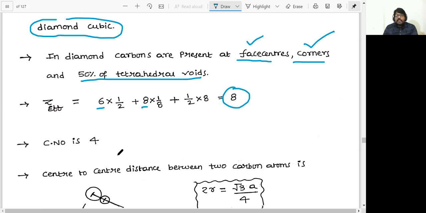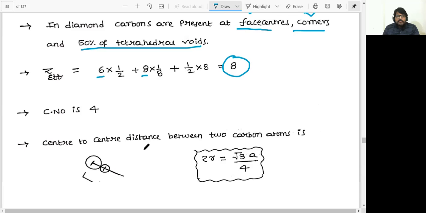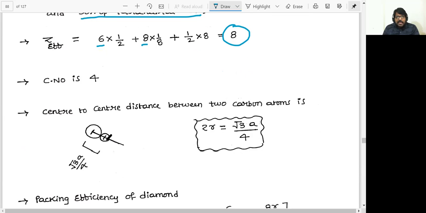And the most important thing here, we need to find Z effective. Based on Z effective, we have to find the packing efficiency or packing fraction. See, this is the arrangement of carbon atoms on body diagonal. For example, this is one carbon atom present at the corner, and this is a carbon atom present in a tetrahedral void. And the tetrahedral void, you know, is lying on the body diagonal at 1/4 distance from the corner, right?